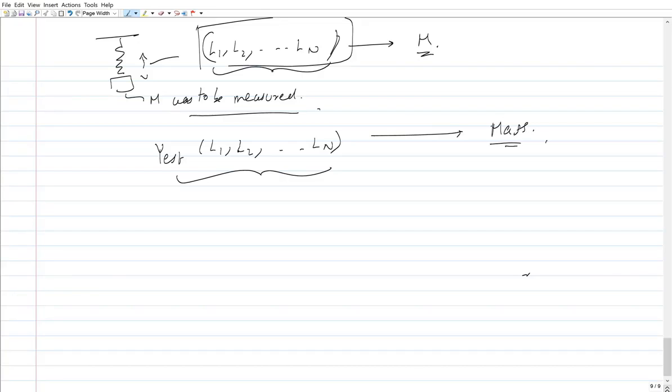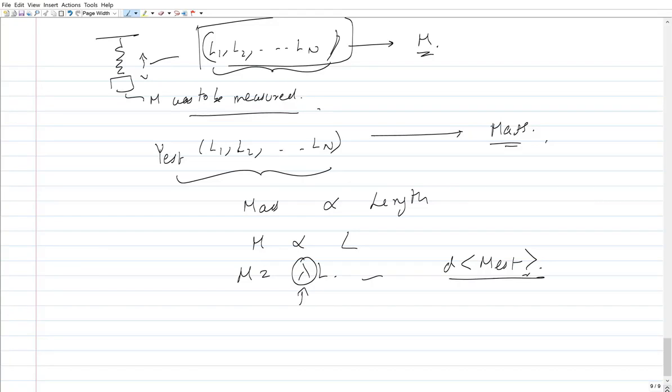It's a simple point. For example, let's say the mass to be measured was proportional to the length of extension L, or M equals lambda L. We need to extract the scaling factor in order to make sense of the variance of our estimation. And really, the quantity that does it is the derivative.